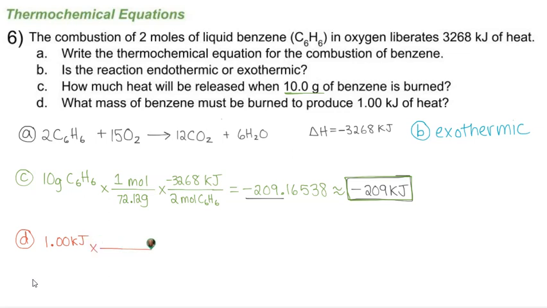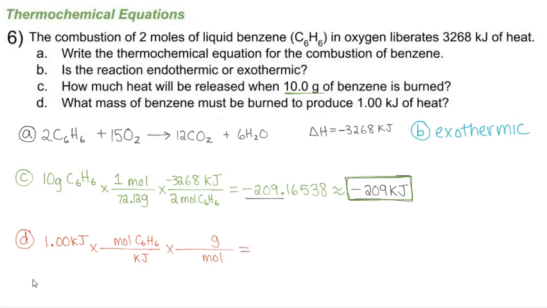So we're using our conversion factors the other way. We'll first go from kilojoules to moles of C6H6, flipping our conversion factors. And then once we have moles, we can go from moles to grams. And that will give us our mass of benzene needed to burn.